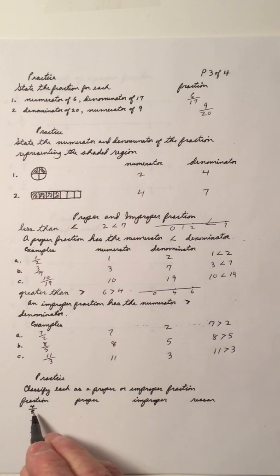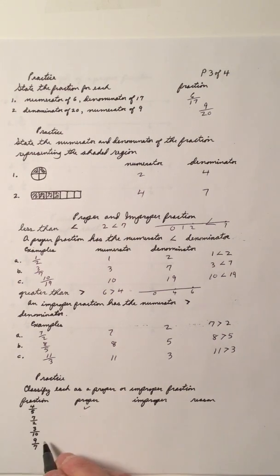See if you're right. 4 over 5 is a proper fraction. Why?